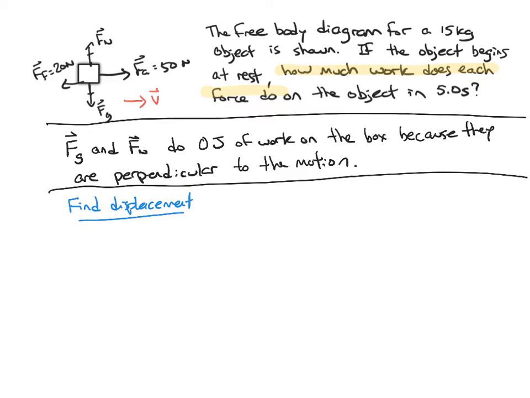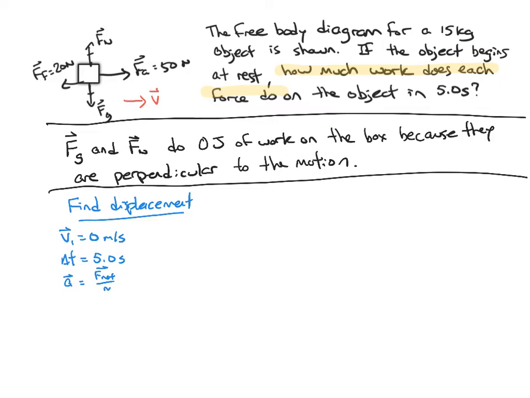I'm throwing in some math and ideas from units 1 and 2, just to keep you sharp. So for finding the displacement, the object starts at rest. V1 is 0 meters per second. The time that they ask you to do this for is 5 seconds. And the acceleration is going to be calculated with net force over the mass.